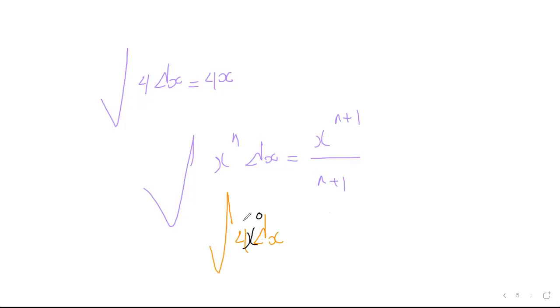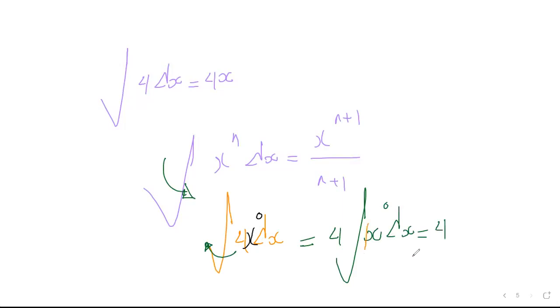Correct, Tony? Yeah. Then, as a result, when you look at the identity on the top, you can take the 4 outside. You remember that. It becomes 4 times the integral of x to the power 0 d of x. Now look at this part. This part is essentially this identity. The n is 0, then it becomes x to the power 0 plus 1, and 0 plus 1 becomes 4x. Okay. Thank you. No problem.